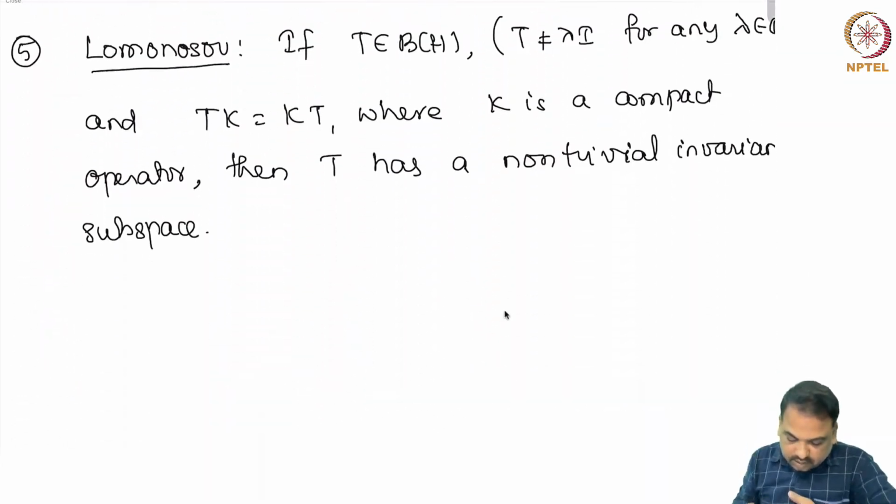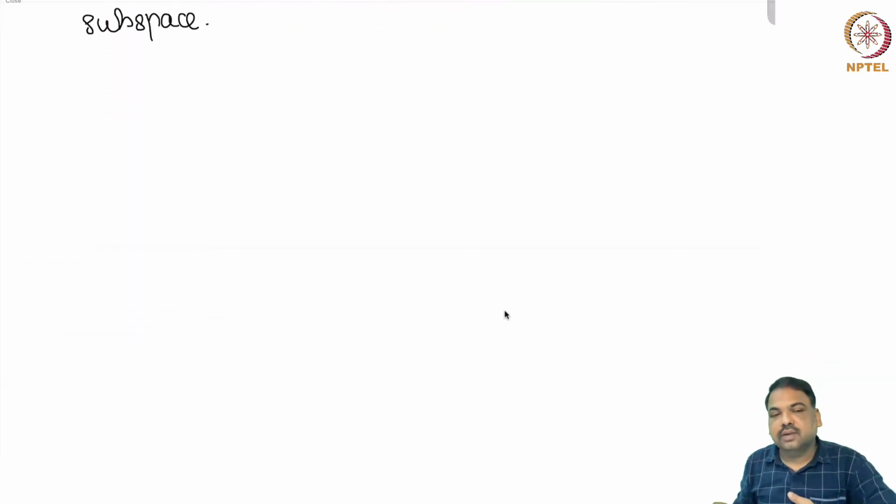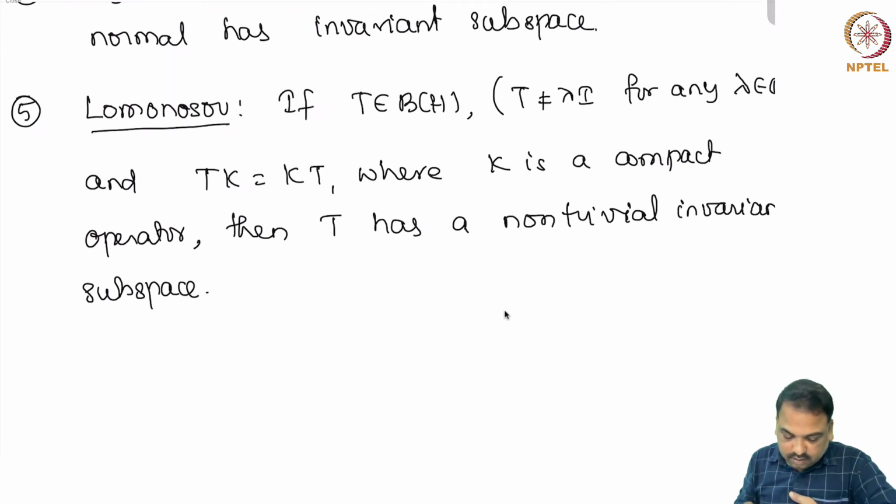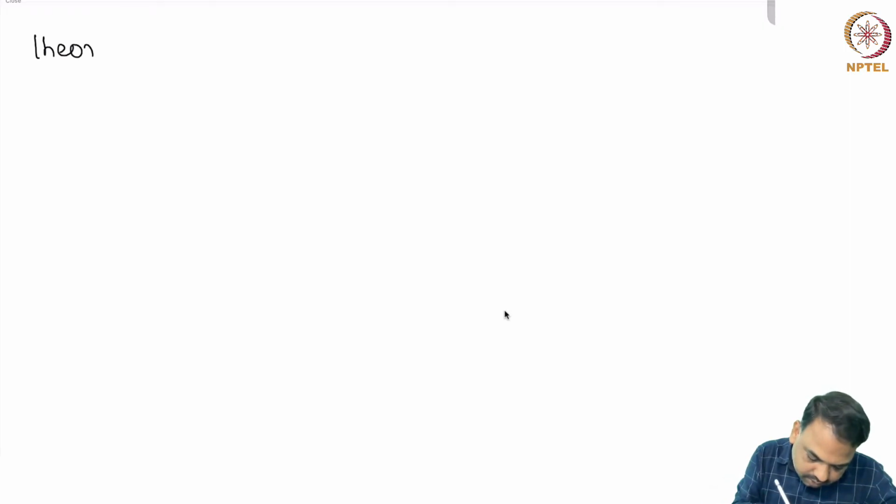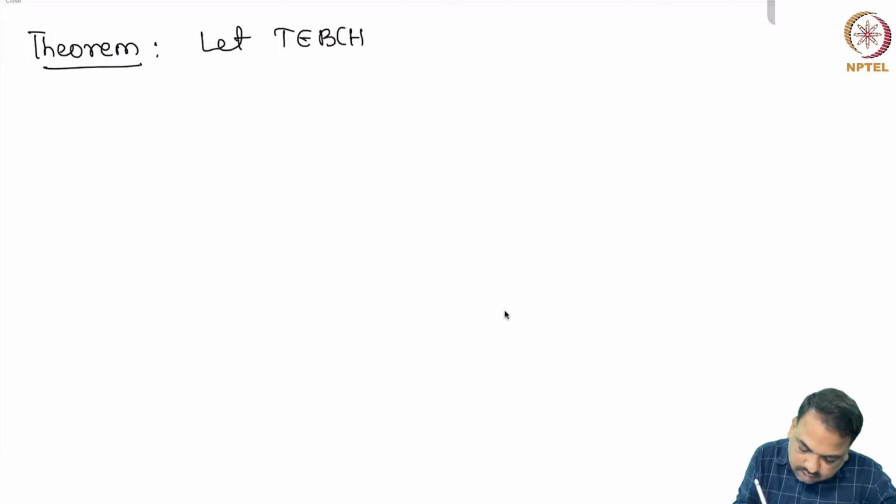Let us look at what is the advantage of having such spaces. But before discussing those things, let us look at some important results. Let T be a bounded linear operator on H, then the following are equivalent.